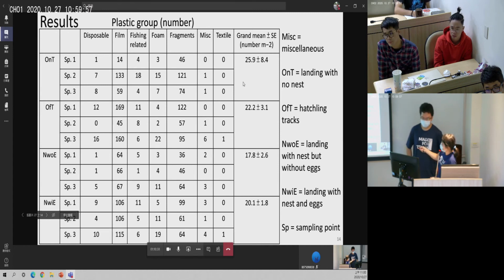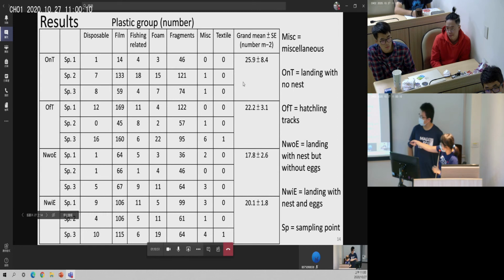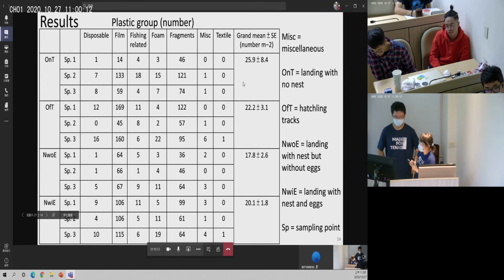And then you say baby tracks, OFT. You say baby tracks. It's easier to remember. And then nest, no egg, and nest and egg. It's easier than these abbreviations for us to remember.